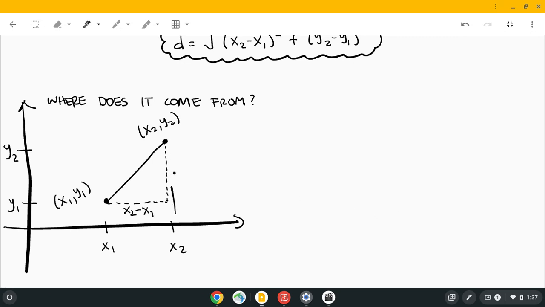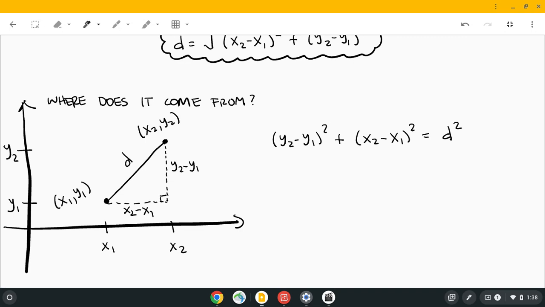And this distance here, oops, getting too excited there. Okay, so this distance over here is just the difference between y2 and y1. So y2 minus y1. And I'm trying to find this distance d, right? Well, I have this little right triangle here, so I can use the Pythagorean theorem. I can say that y2 minus y1 squared plus x2 minus x1 squared should equal my hypotenuse squared, right?